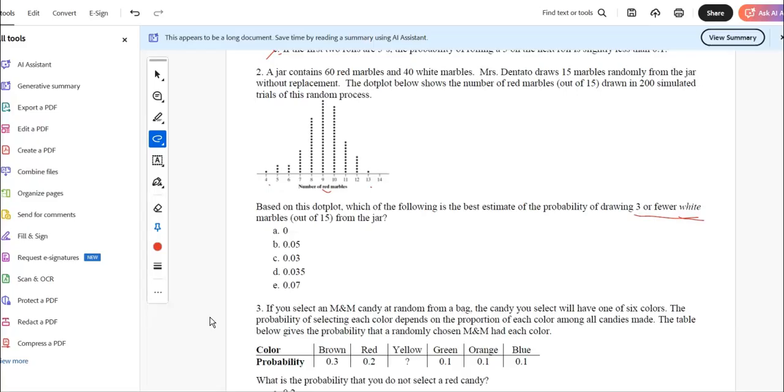And we want to get 3 or fewer white. So, well, that's red. So white, I guess if there's 15, 3 would give you 12 red. So I think anything in this range fits into 3 or fewer white because it'd be 12 or more of the red. So there'd be 3 or fewer white ones.